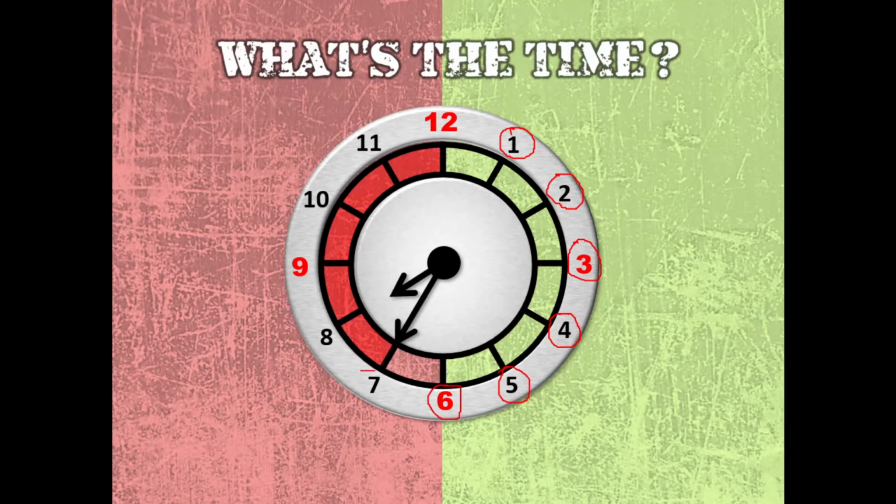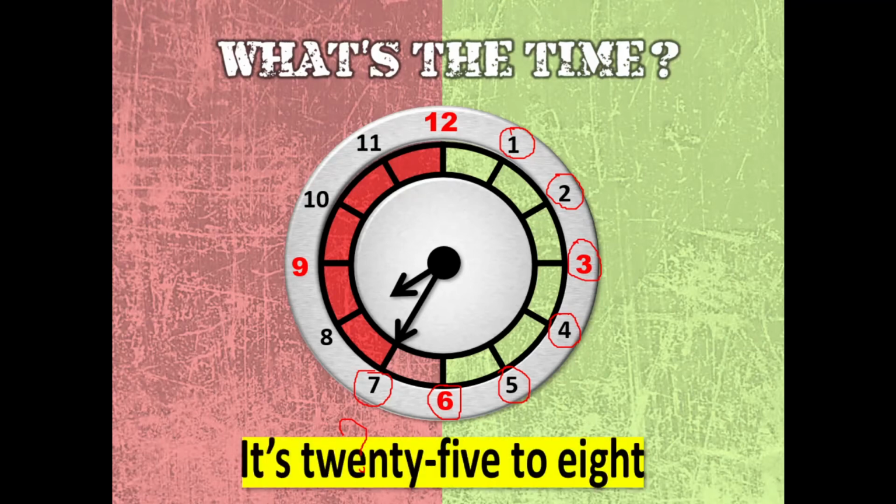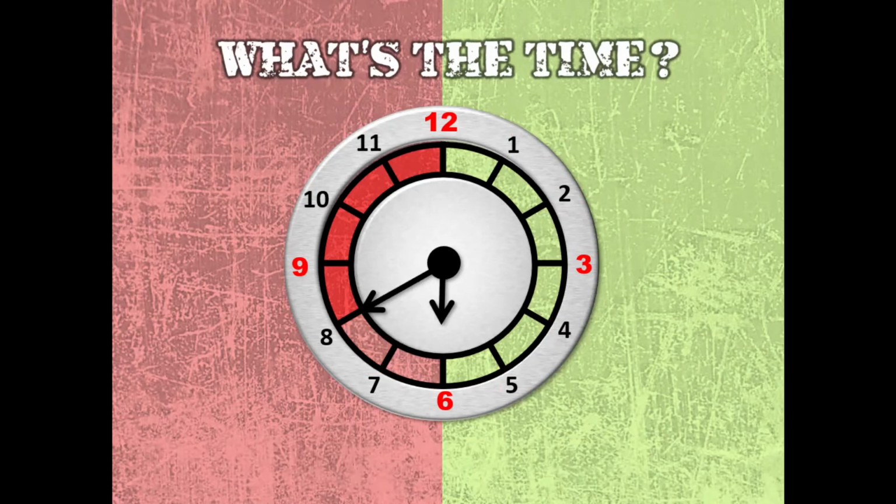So what would 7 be? That's right, it will be 25. So it's 25 to 8. 25 to 8. Very good.